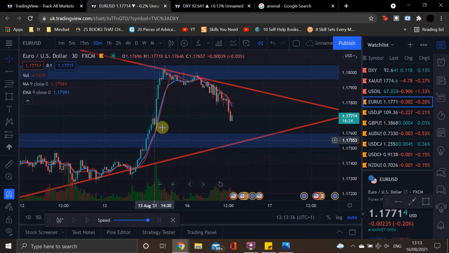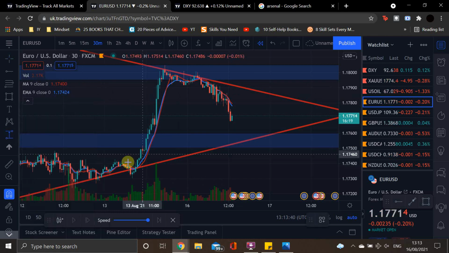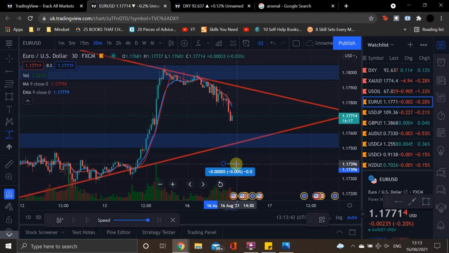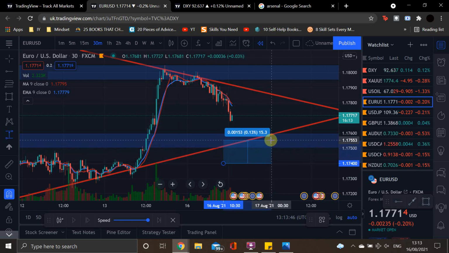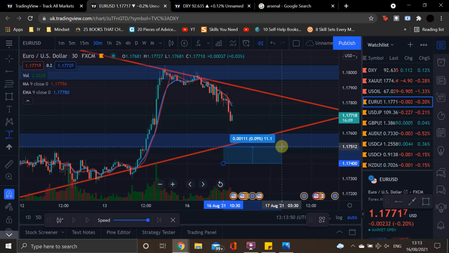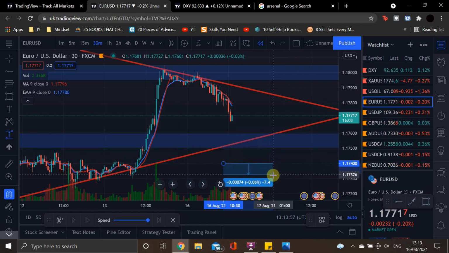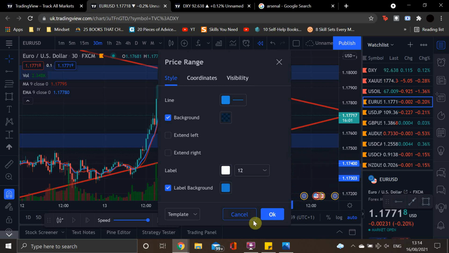How many pips is that? Like 10 pips, 15 pips. If I get a good entry, I can get at least 10 pips. We'll see what happens.